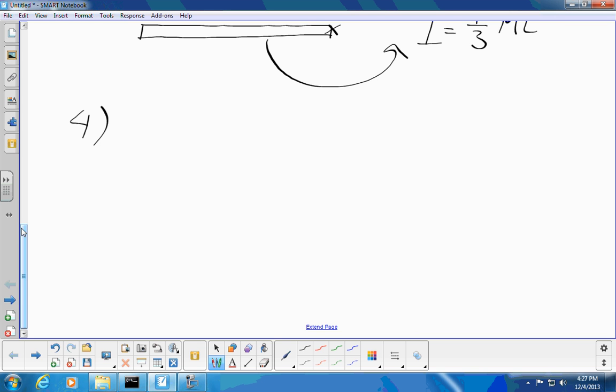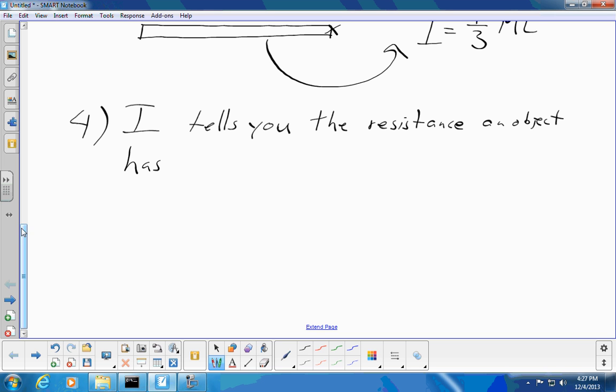Well, what it describes, so this is now the more conceptual, moment of inertia tells you the resistance an object has to changes in angular velocity.